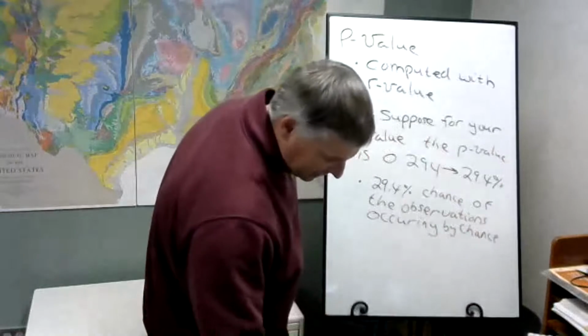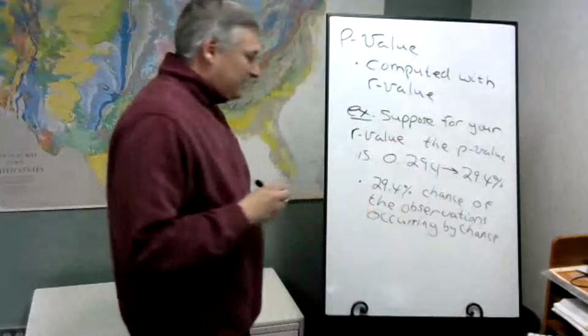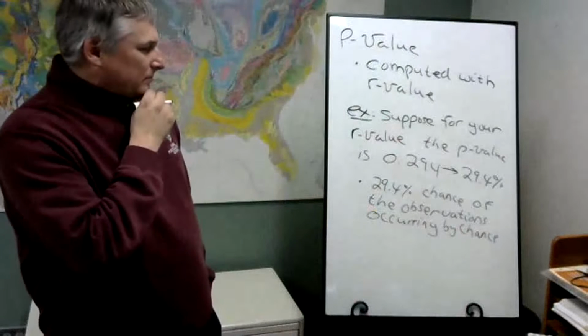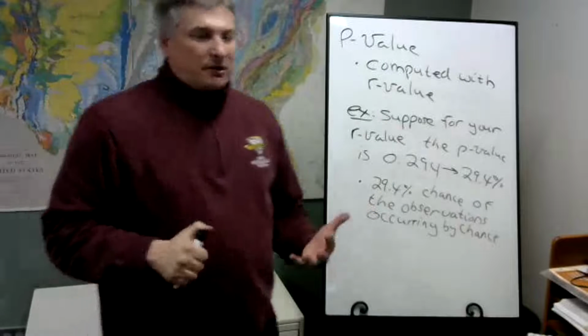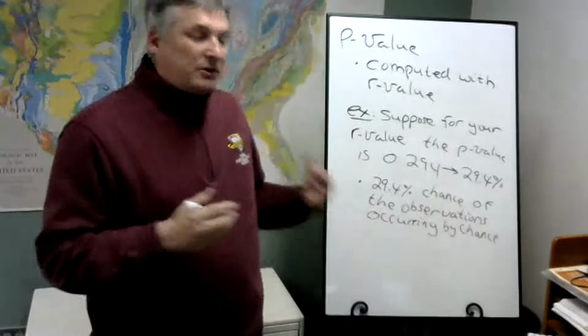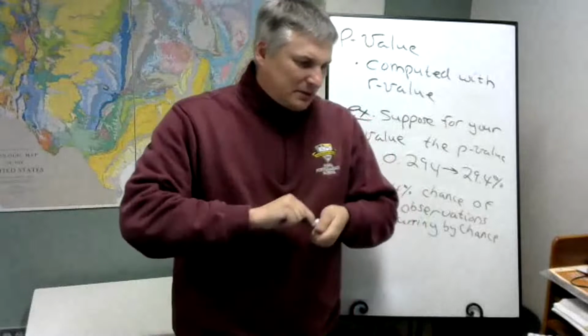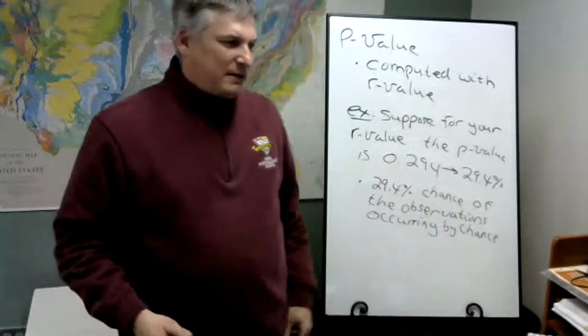Check my spelling on occurring there. Got an extra R. Now, in other words, what we're seeing in our scatter plot is a 29.4% chance of that turning out that way. And in statistics, we don't really consider that exceptional.